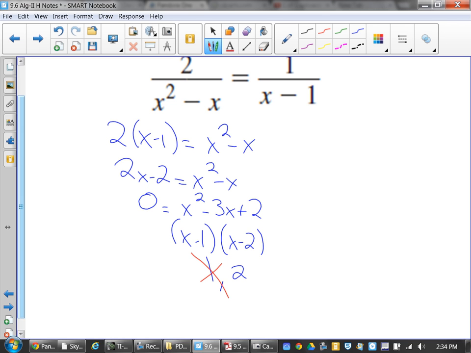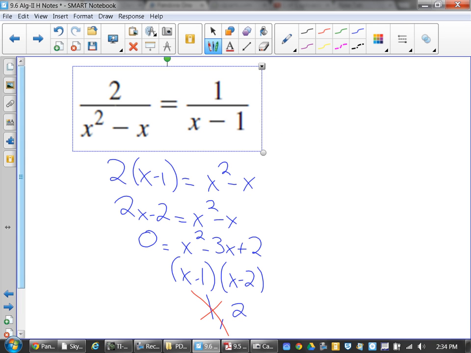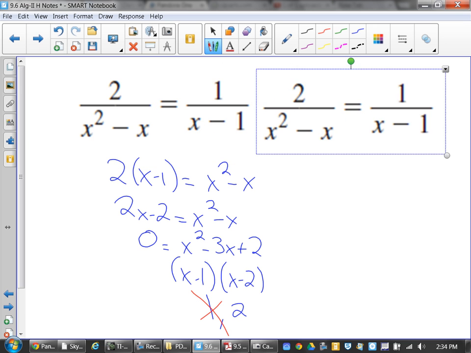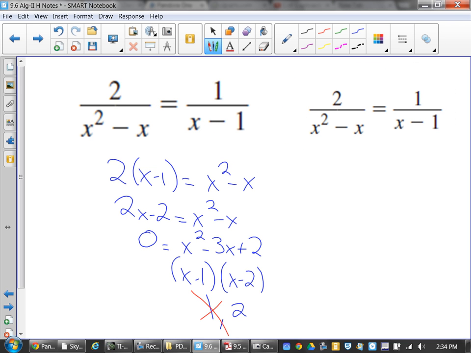Now, there is another way to do this. Could I have done this same exact problem via the common denominator? Yeah. If you go back and look at it, isn't my common denominator going to be x minus 1? So if I did that to both sides, this side has both of them, doesn't it?